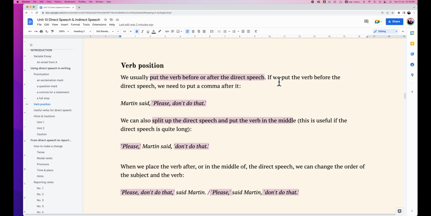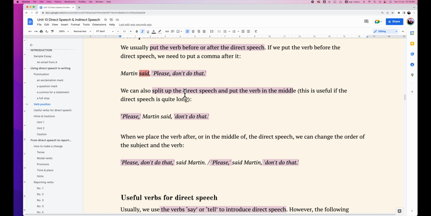If we put the verb before the direct speech, we need to put a comma after it. For example, if the direct speech is at the end of the whole sentence, a comma is put after the verb, said, like this. Then open quotation mark, close quotation mark, and the full stop is put at the end, because the whole sentence has finished.